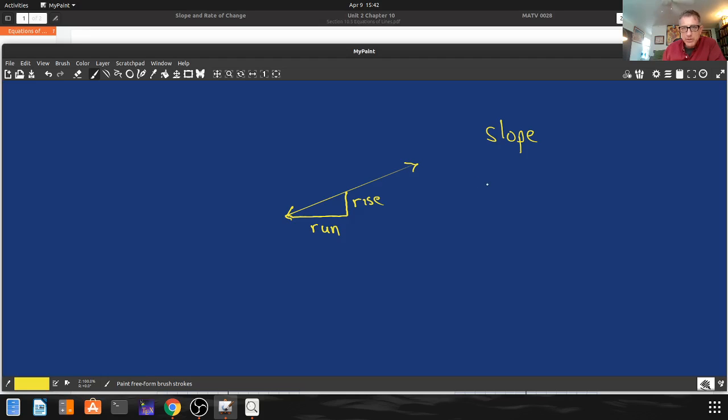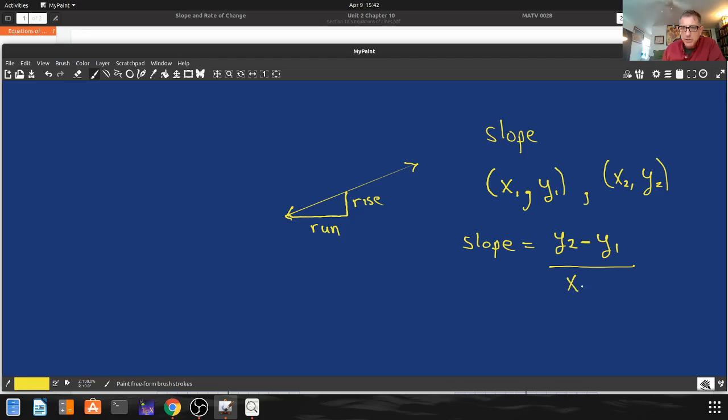And we learned how to find the slope. So if I'm given 2 points that lie on the line, x1 and y1, and another point, x2 and y2, then the slope of the line is given by the equation y2 minus y1 over x2 minus x1.